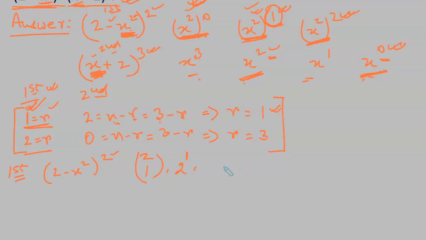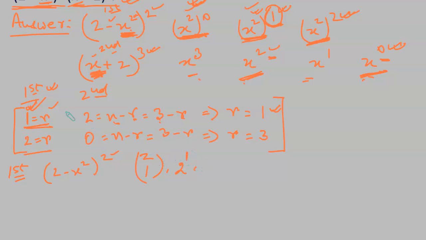So if you try to watch a video from the middle of the playlist, it may be possible that you may not understand what I am doing if you are totally new to the chapter. If you are not new, obviously you will understand, but in case you are new, you may have some difficulty. So in that case it would be better if you go through the videos sequentially.